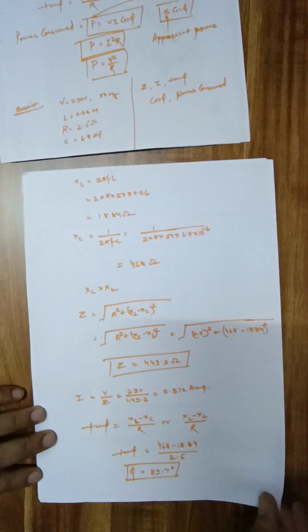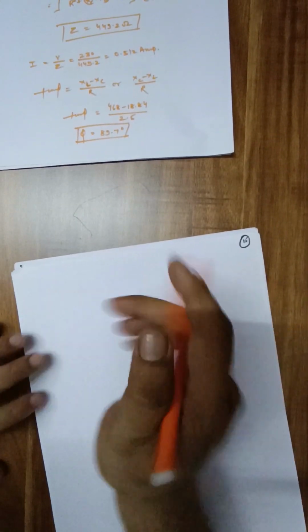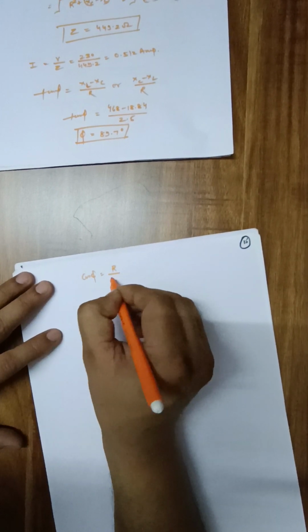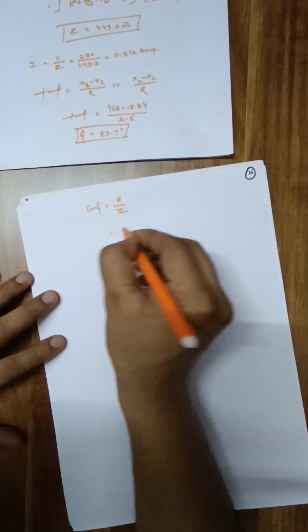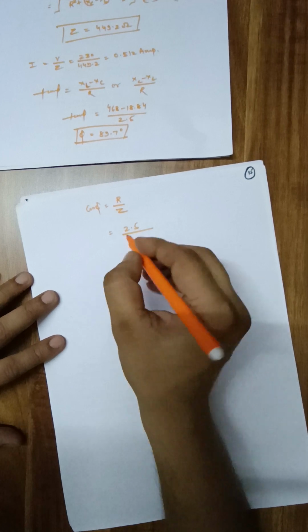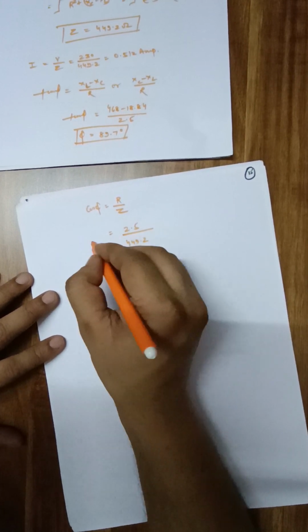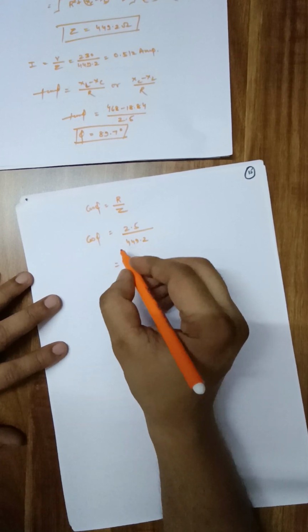Now next what we have to calculate? Next we have to calculate cos phi. So cos phi will be equal to what? R by Z. So what is R? 2.5. And what is Z? We have calculated Z is equal to 449.2. So the value will be, what will be cos phi?